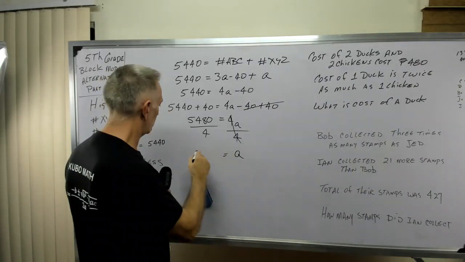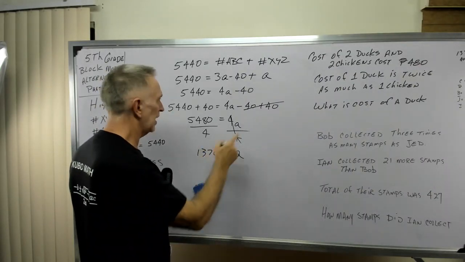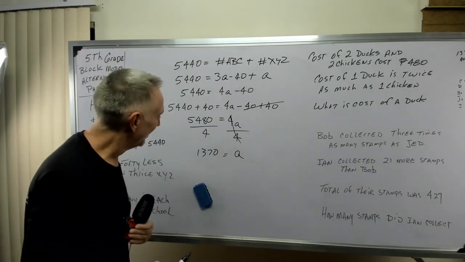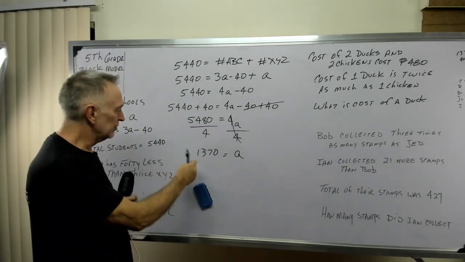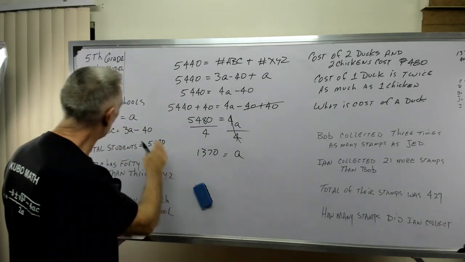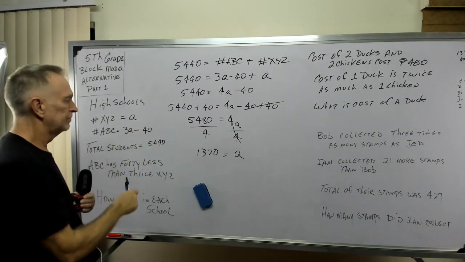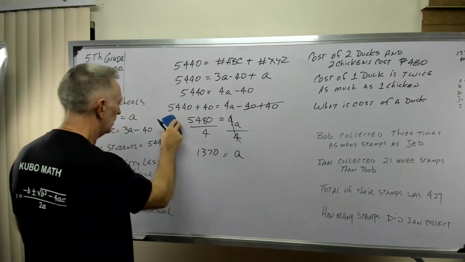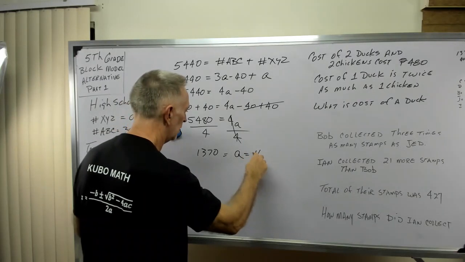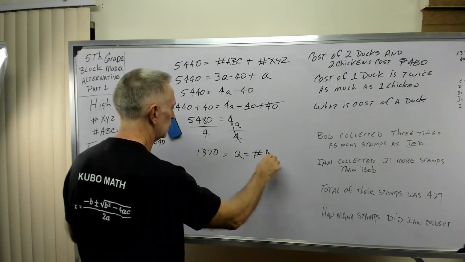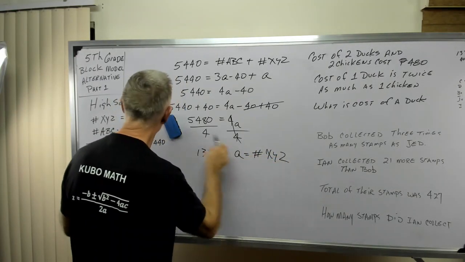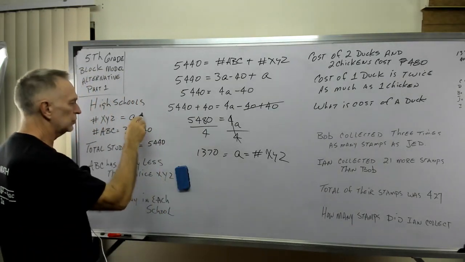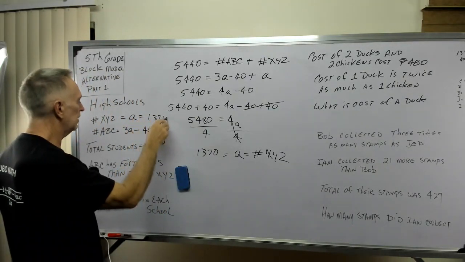5,480 divided by 4, let's see, 1,370, for the sake of time. I wrote that down. Okay, so 1,370, that's what A is. Okay? Well, and that's the number in XYZ. So that equals 1,370.